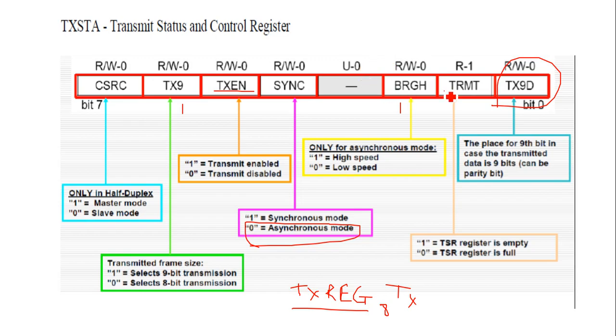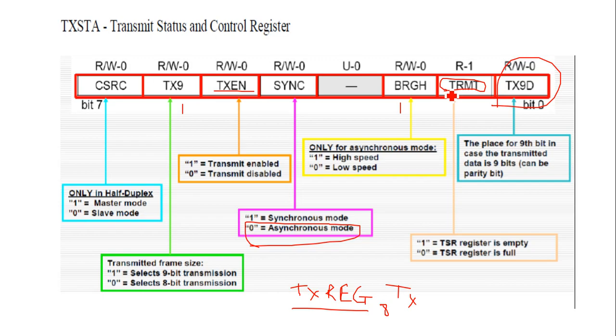Now we'll see what TRMT does. If TRMT is 1, then the TSR register is empty. If it is 0, then the TSR register is full. This TXSTA can be modified by the user, but the TSR is not available to the user.